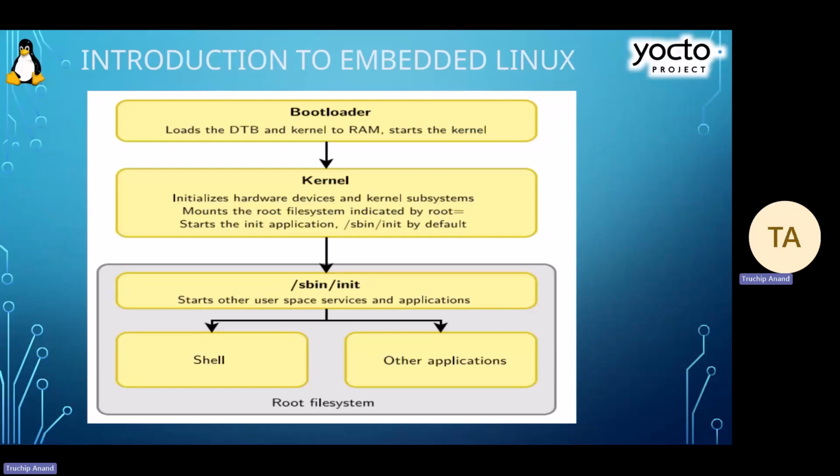Now, coming to the sequence of flow, how the system would start. Normally your bootloader will start, because that is the first piece of software that will be activated on your system. If you take any hardware, the first piece of software that will be activated is your bootloader. That bootloader will try to set up the kernel, means it will set up all the environment that is required to start the kernel.